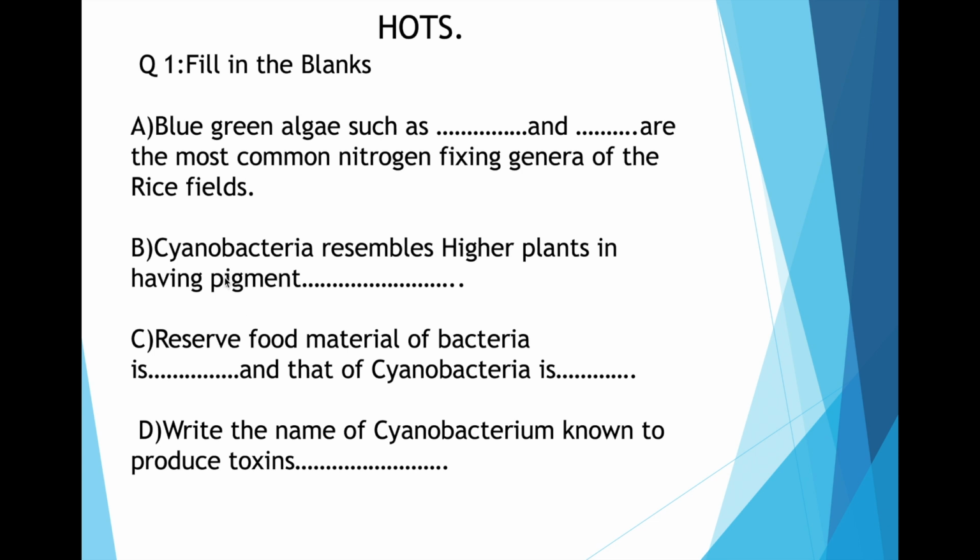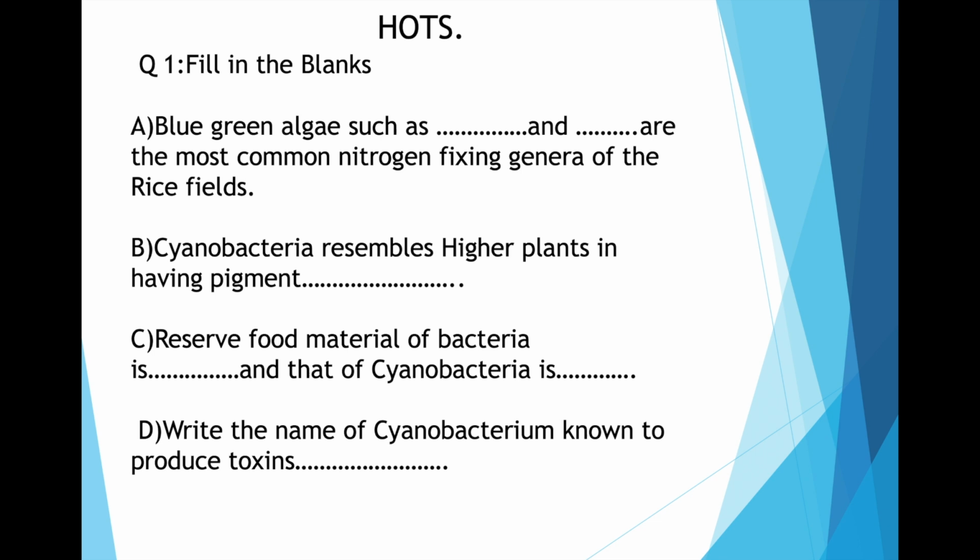Second question, cyanobacteria resemble higher plants in having the pigment. The pigment name is chlorophyll A, because in higher plants chlorophyll A is present, and in case of cyanobacteria chlorophyll A is present. Third question. Reserve food material of bacteria is dash and that of cyanobacteria is dash.